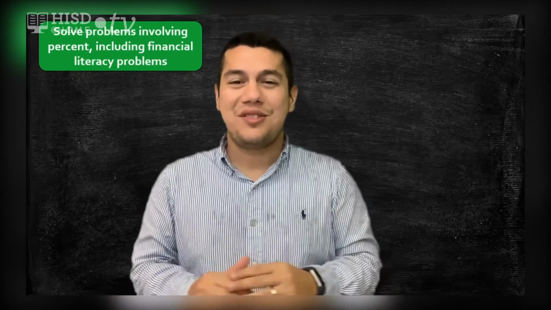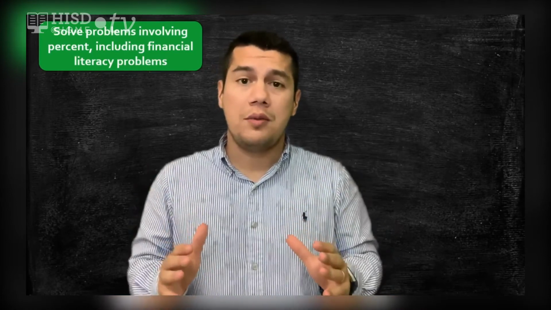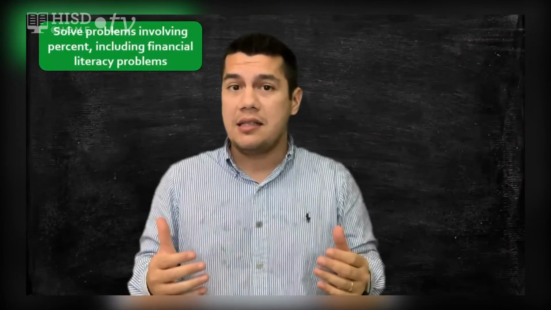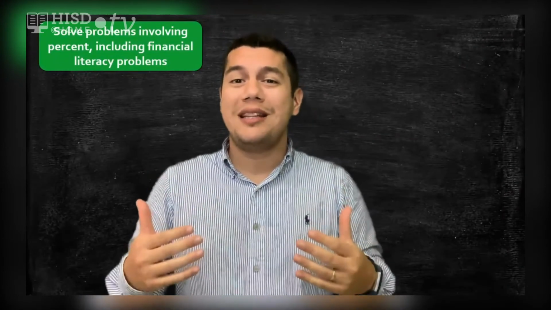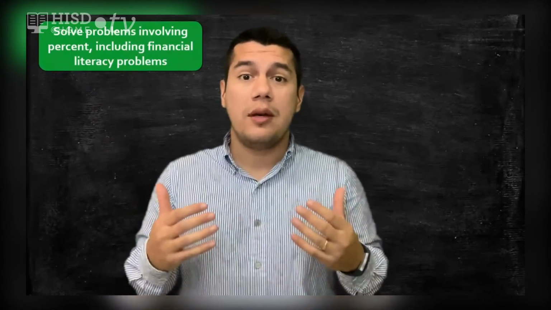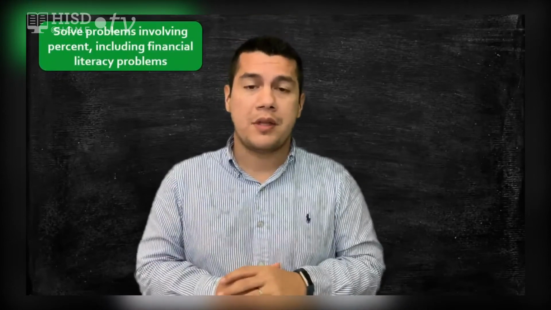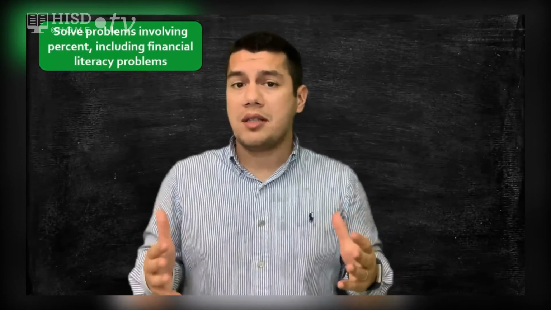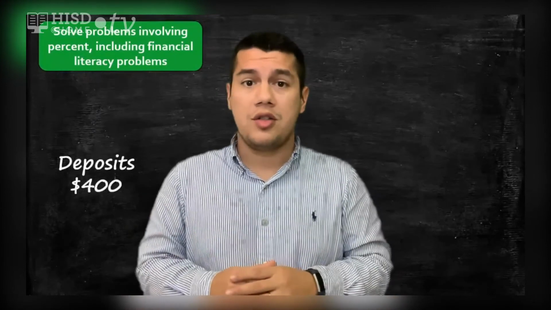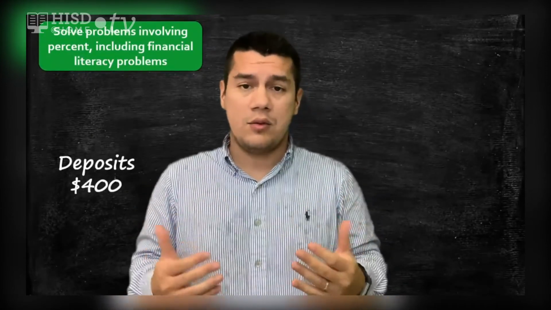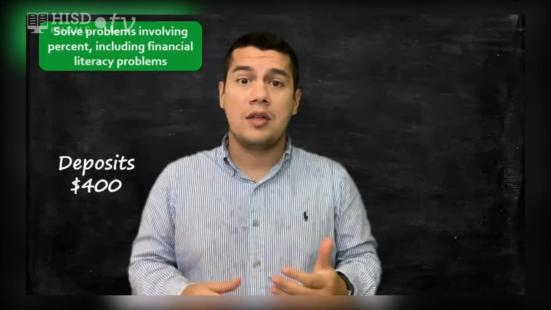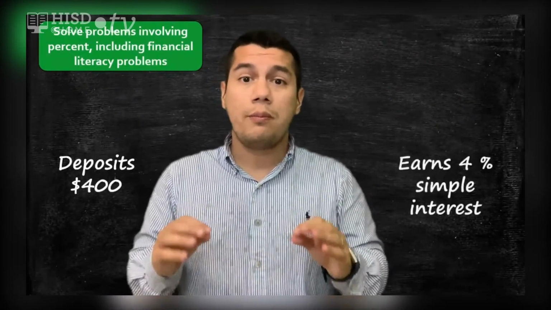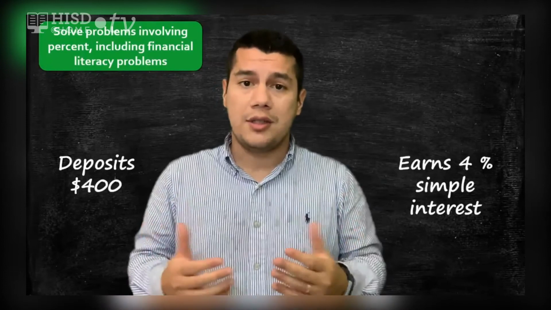Our 7th grade objective is to be able to solve problems involving percents, and we're gonna be doing that including financial literacy problems. So let's explore the following example. Let's say that somebody deposits $400 into a savings account, and on that account it earns 4% simple interest.